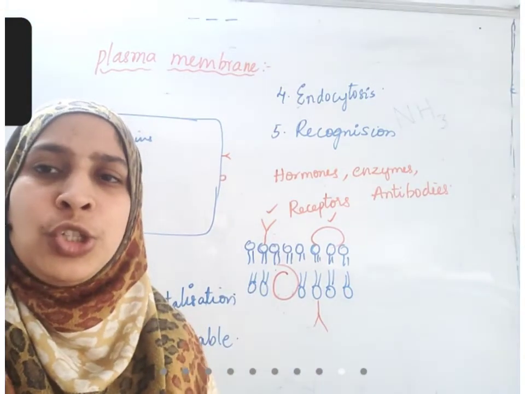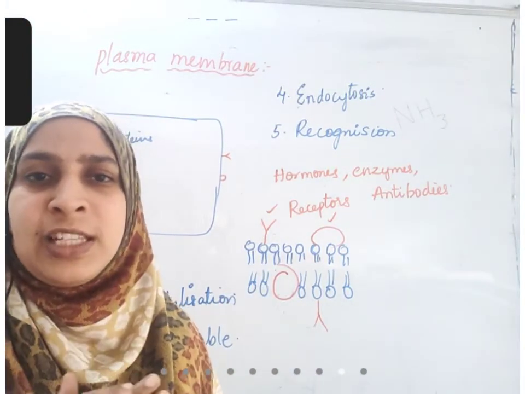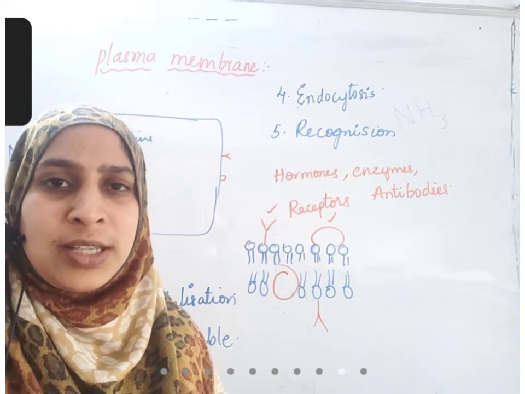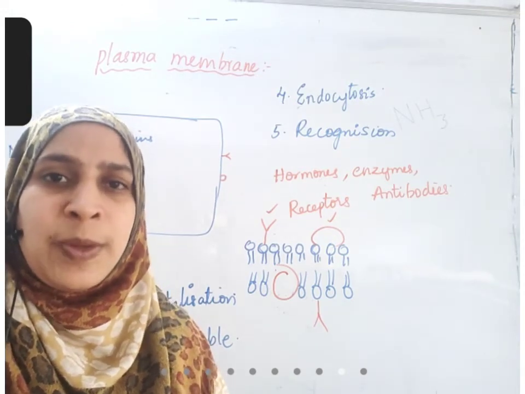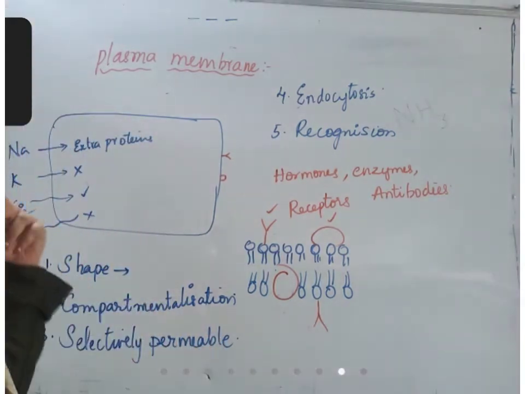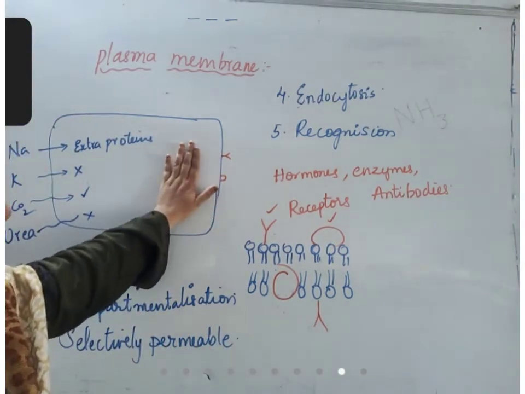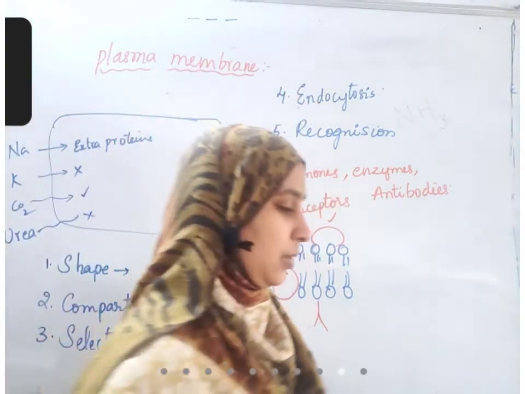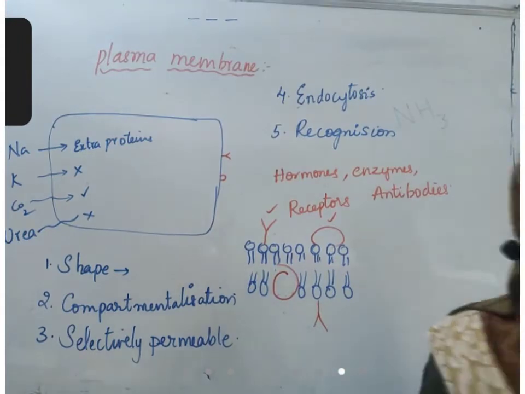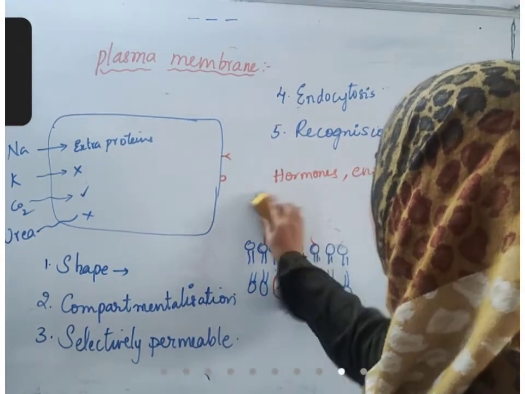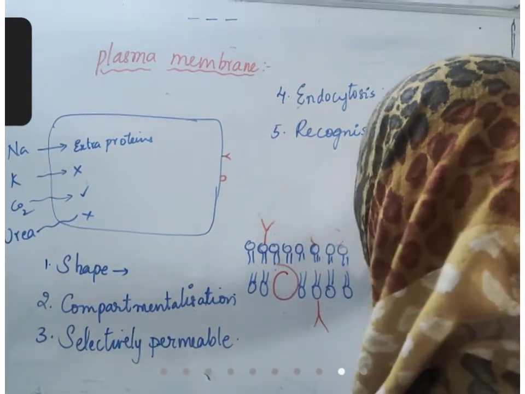These molecules should identify their cells before entering. Before entering, they should understand this is the cell, this is the place where I should act. How do they understand that? Because of these receptors present on the plasma membrane. So they act as recognition centers. The recognition centers help the molecules to identify their site of action.